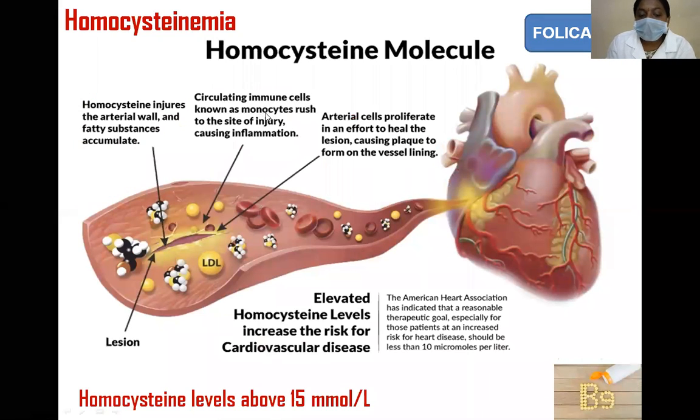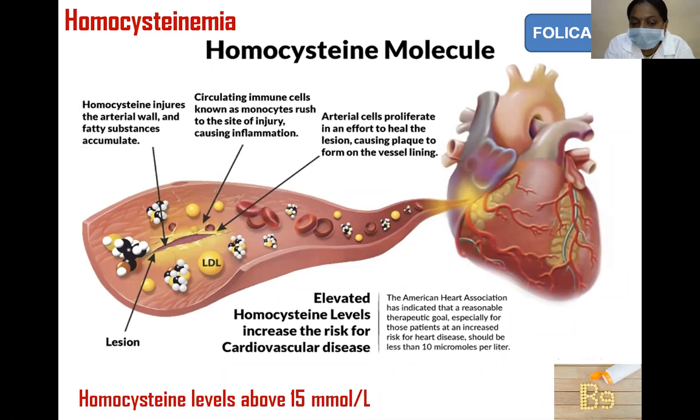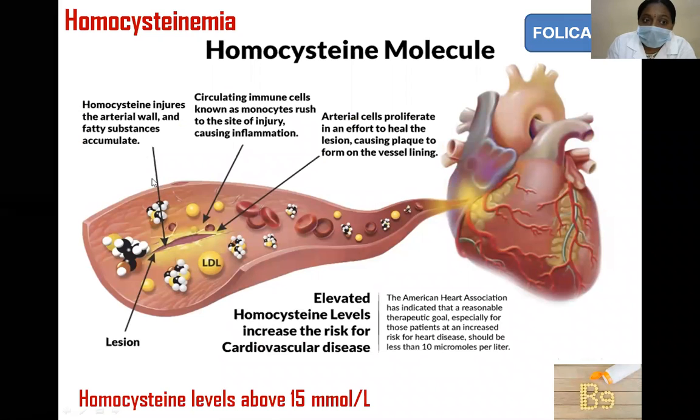Homocystinemia. When the plasma homocysteine level is above 150 millimoles per liter, the elevated homocysteine level increases the risk of cardiovascular diseases. Homocysteine mainly injures the arterial wall and fatty substances accumulate here.